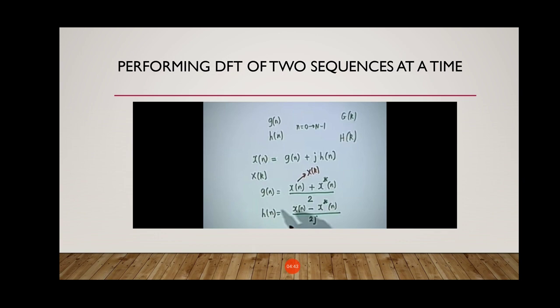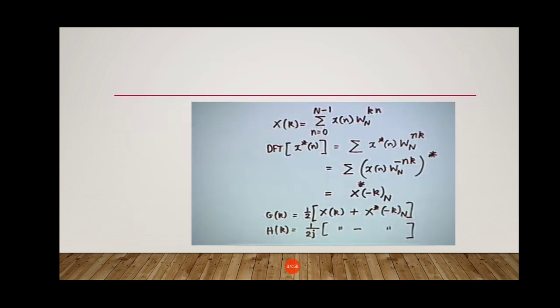So if we take the DFT on both sides, then capital G of k will be equal to half of capital X(k) plus the DFT of x star(n), which we have shown as capital X star of minus k modulo N. Similarly, H(k) will be 1 by 2j of X(k) minus X star of minus k modulo N.